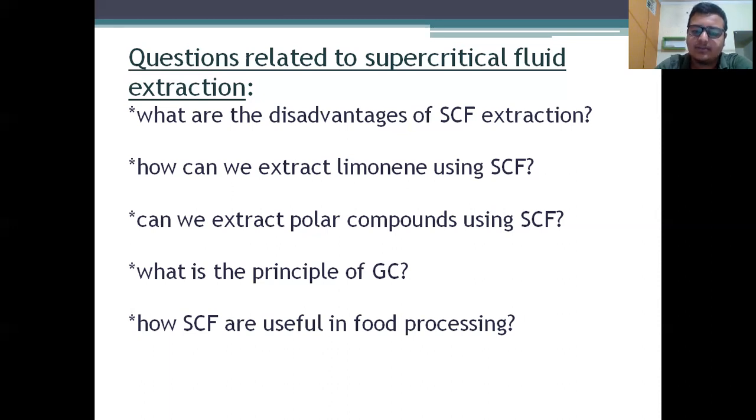So by increasing the polarity of carbon dioxide and then using a non-polar stationary phase, we can elute the polar components using supercritical fluid extraction, which follows a similar principle as in RPHPLC.